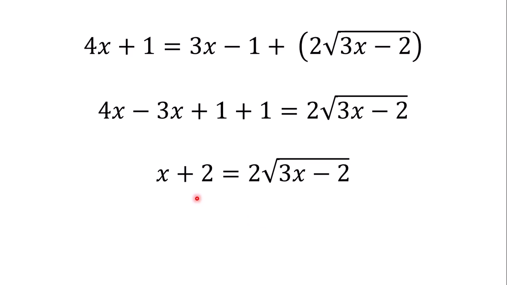Good. Now, the equation is x plus 2 is equal to 2 times square root of 3x minus 2. That is the equation now. So what are we going to do here? Here we can't group any like terms. We can't add or subtract anything. The only thing that we can do here is what? Square it again. And why are we squaring it again?